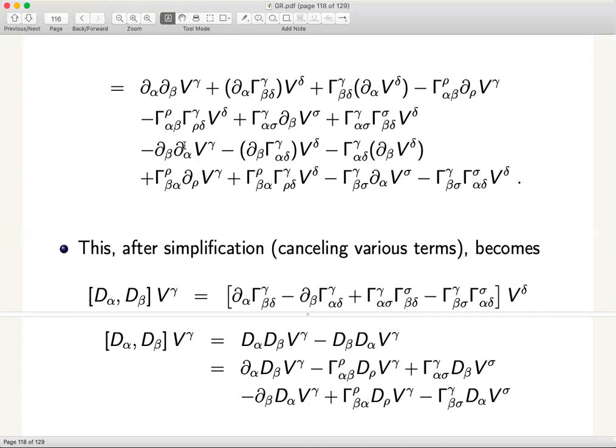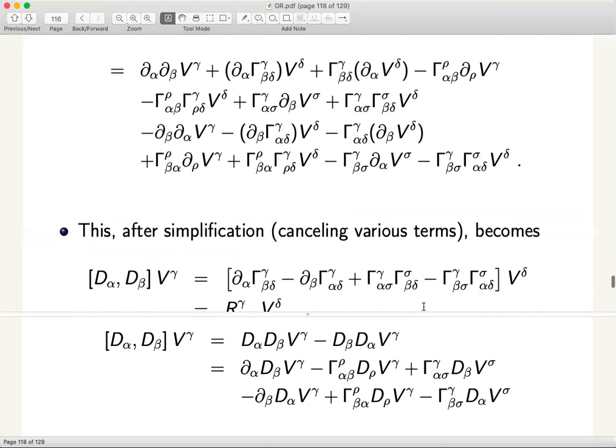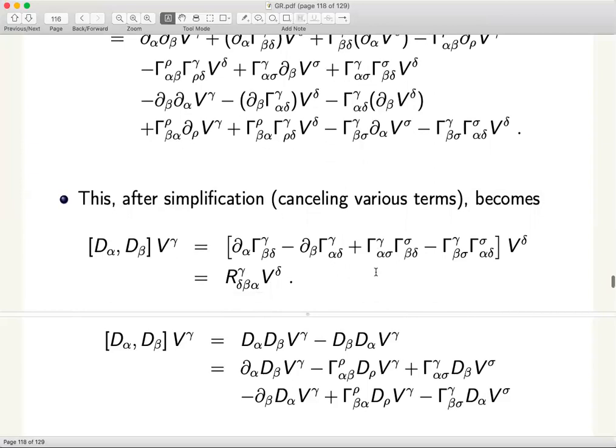So once you find that, the only terms which do not cancel are these. But this is something we already know. This is the Riemann tensor. Indices are shuffled, but still a Riemann tensor. We know that the first term with derivative and a positive sign is the last index of the Riemann tensor. That is our convention that we have used. So this Riemann tensor should carry an index alpha as the last one.